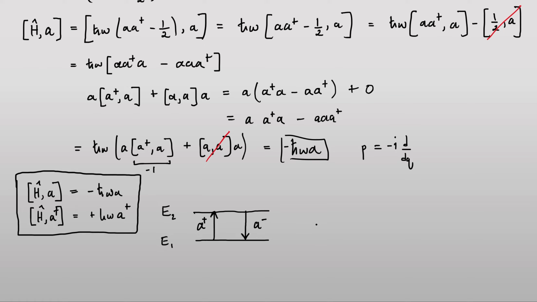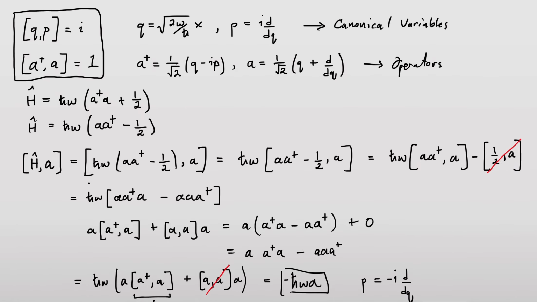I want to briefly talk about these operators in the context of our quantum field theory, right? Because up until now, I've been deriving a lot of stuff, and you might have been losing me a little bit. I wouldn't blame you. But again, these are all operators, right?